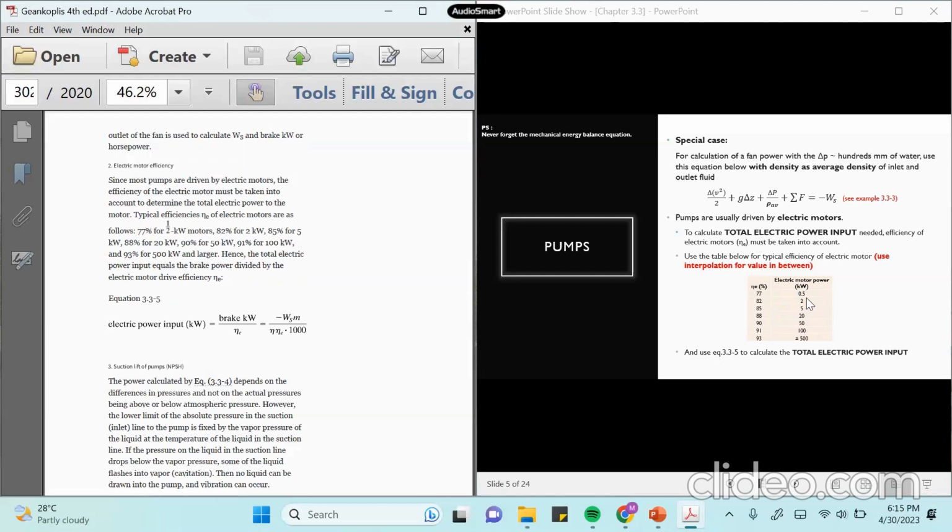If the electric motor power is only 0.5, then the term is 77% or 0.77. If the electric motor power is higher, reaching 50 kilowatts, then the term becomes 90% or 0.9. You may use interpolation for values in between.